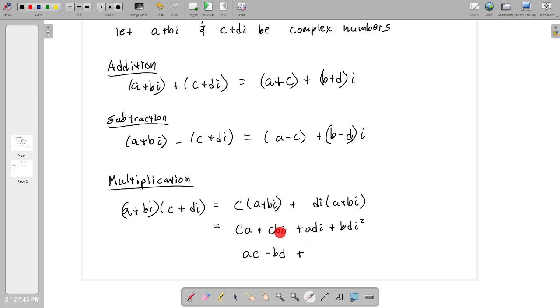If you factor the i out of both of these terms, it's another way to think about it. Thus we have the multiplication of a plus bi times c plus di is a times c minus b times d plus b times c plus a times d i.